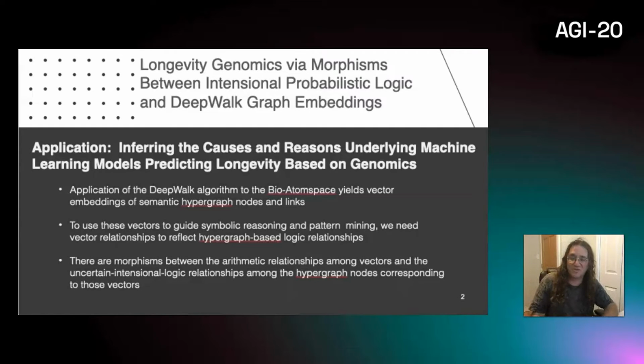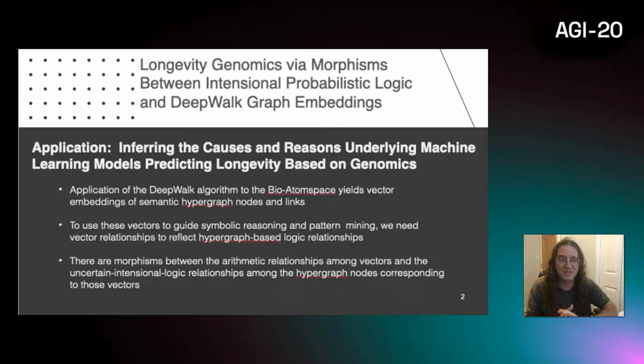And having morphisms between the internal representations in the logic engine and the vectors allows logic-based and vector-based AI to cooperate together, including help each other out when they get stuck, which is cognitive synergy that I've posited to be a key feature of building a multi-algorithm AGI system.